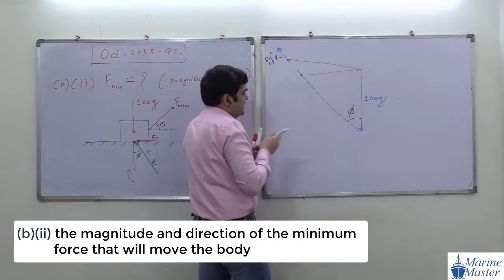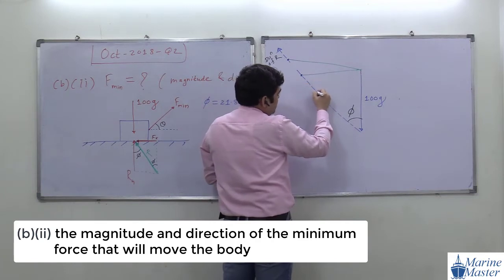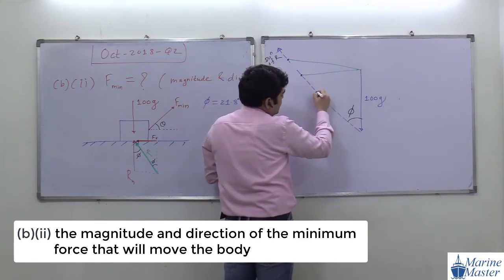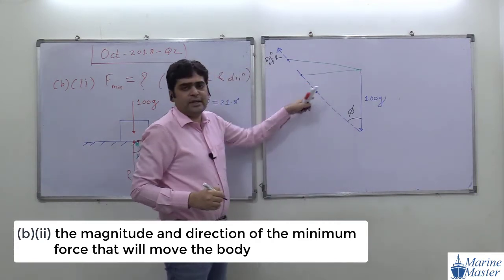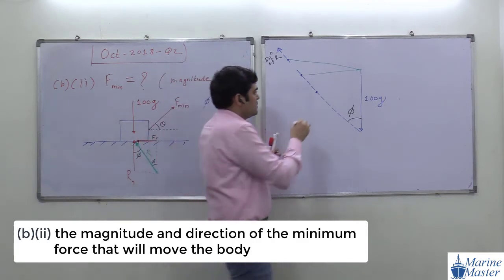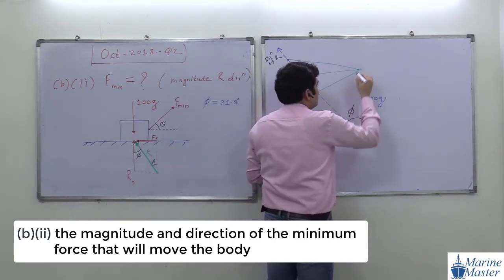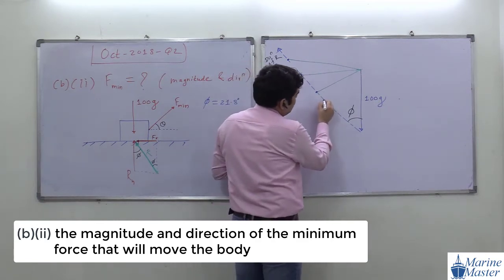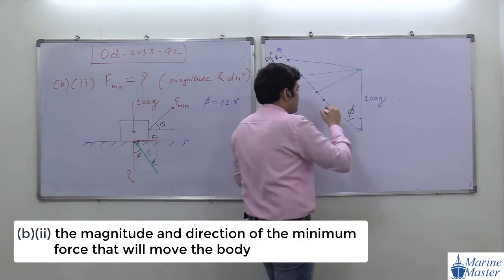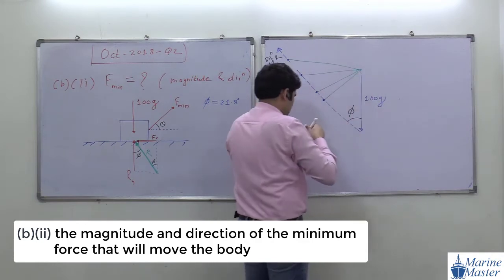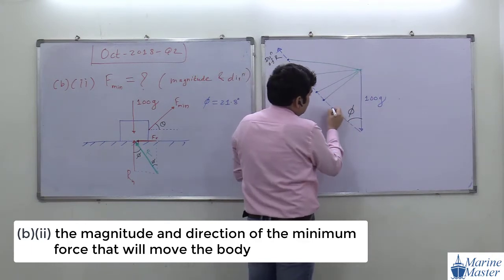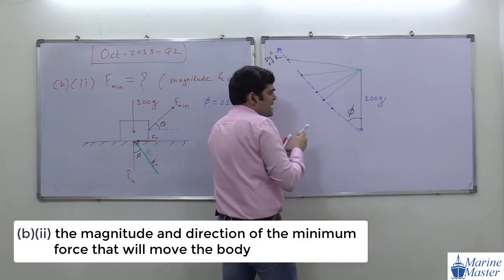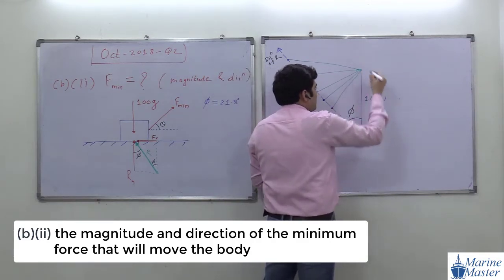Suppose R ended here, where will F be? This will be our F. Then suppose R ended here, where will the F be? F will be like this. R can end anywhere, so our F will be like this.